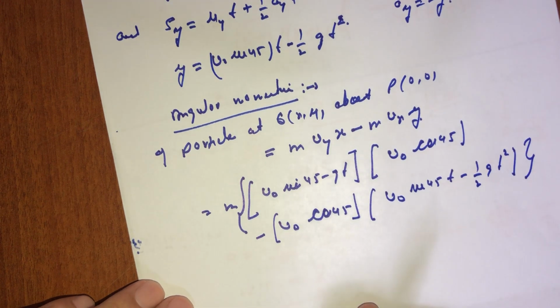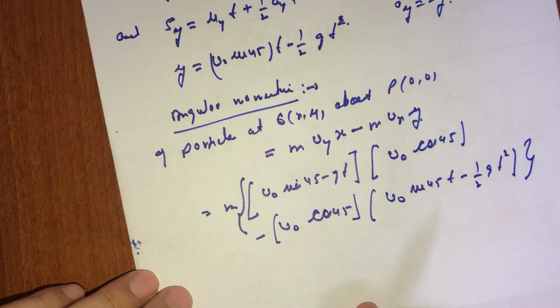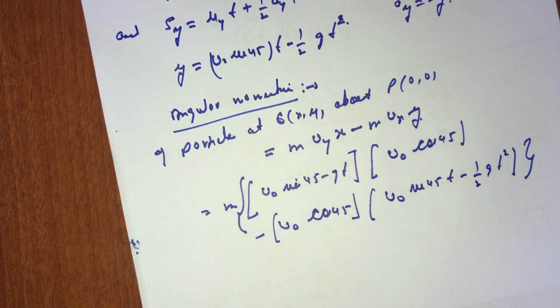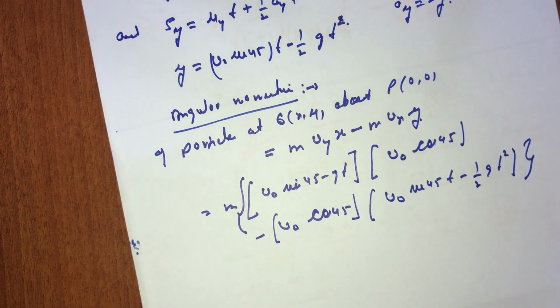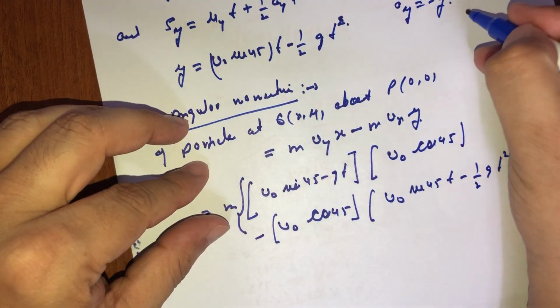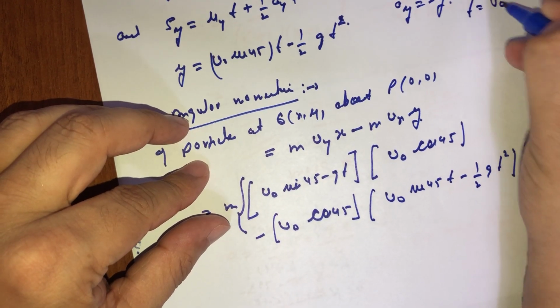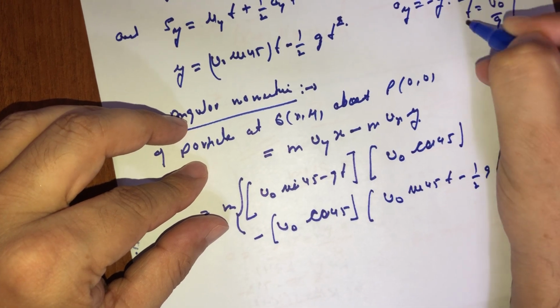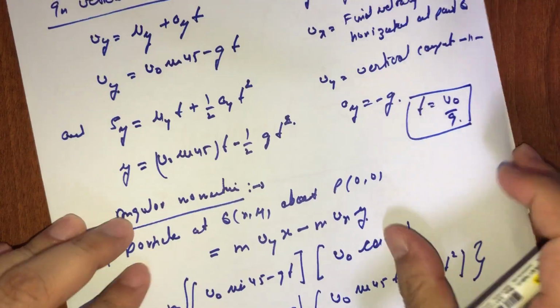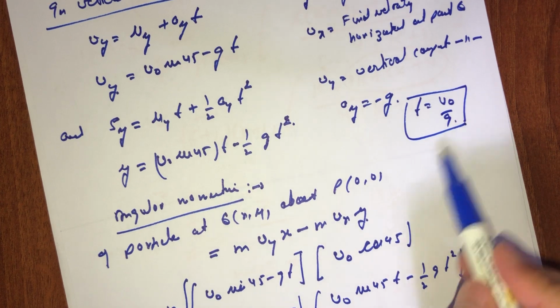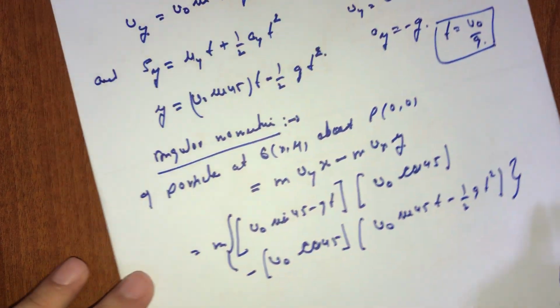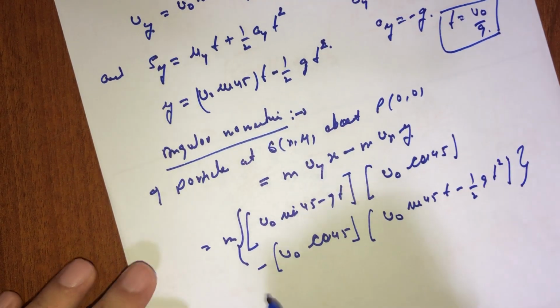Now we also know that it is given in the question that time t is equal to v naught by g. So we can substitute the value, t equal to v naught by g.